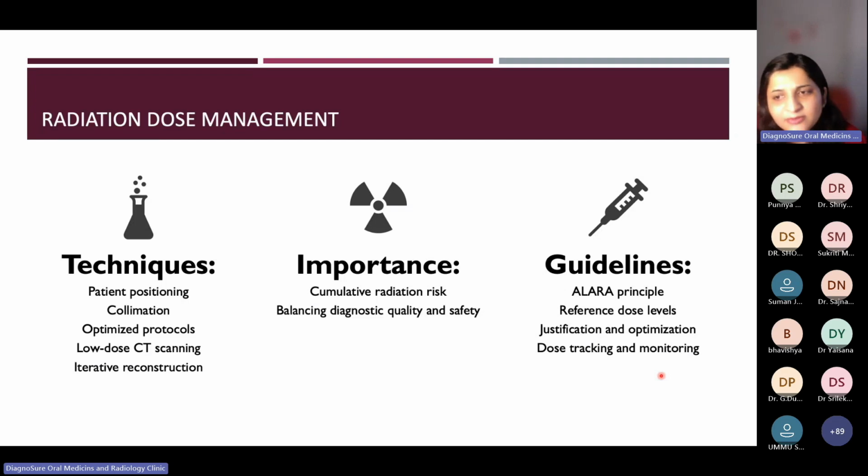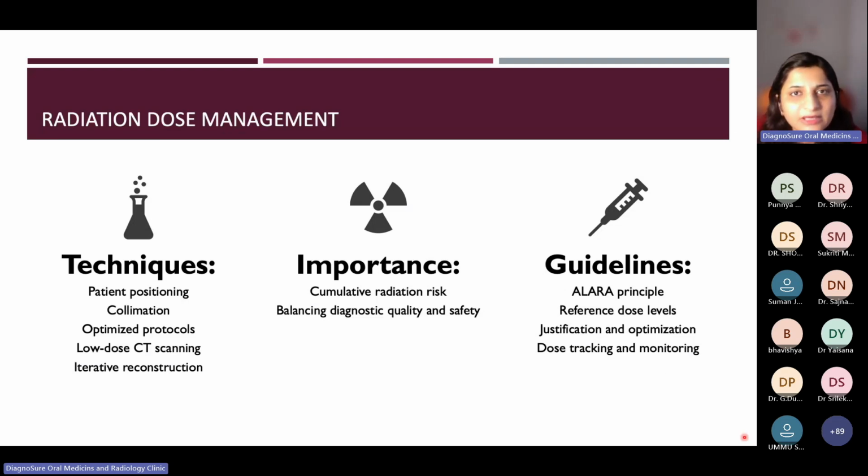It is important because we know that long-term radiation exposure can increase cancer risk. Therefore, we must balance patient safety and the need for accurate diagnosis. We always follow the ALARA principle, which is as low as reasonably achievable, adhere to the reference dose levels, and monitoring radiation dose in real time helps us to follow the protocol whenever it is required.